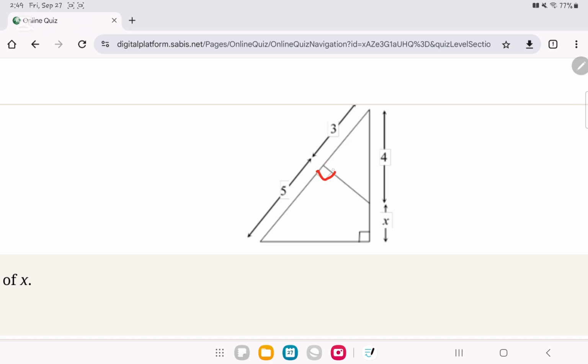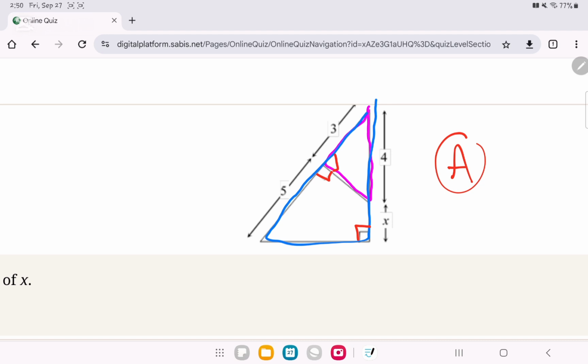If this is 90 degrees, then definitely this is 90 degrees. Now, let's divide them first into two triangles: this triangle over here in pink and this triangle over here in blue. First of all, you have a right angle over here, and a right angle over here. So we have one angle that is equal.